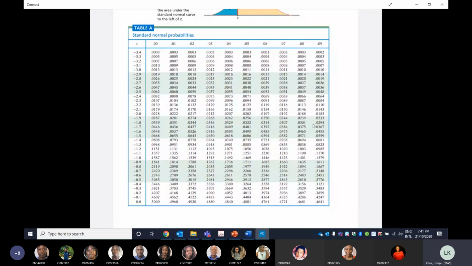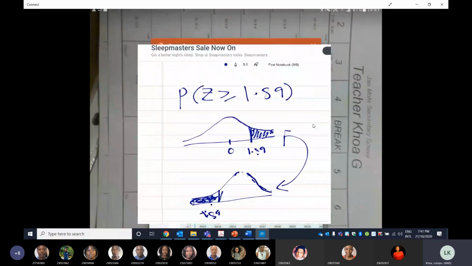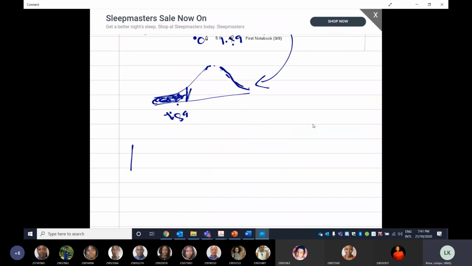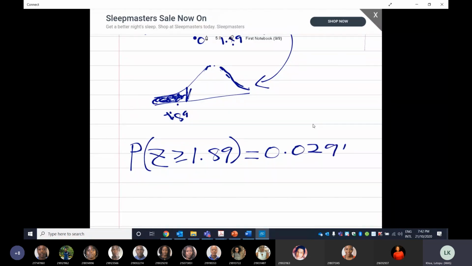So the probability that Z is greater than or equal to 1.89 is equal to 0.0294.